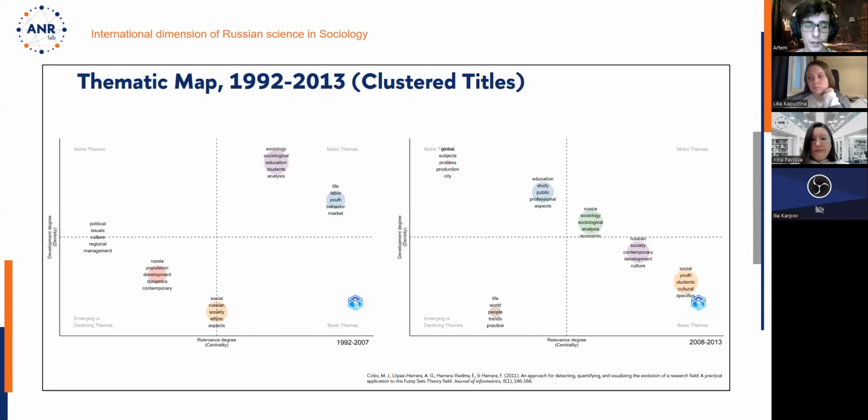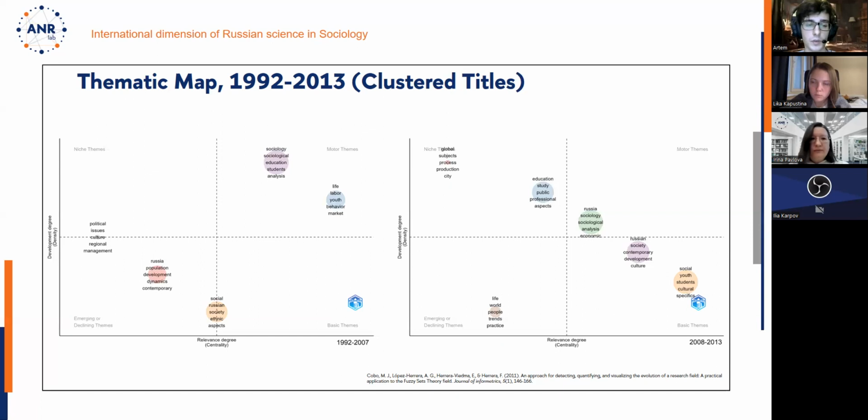So in order to do this, there is an approach proposed by colleagues in the article, which you can see in the bottom of the slide, and this approach is implemented in BiblioShiny.